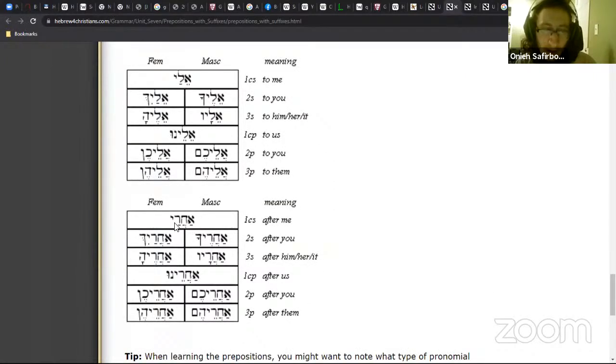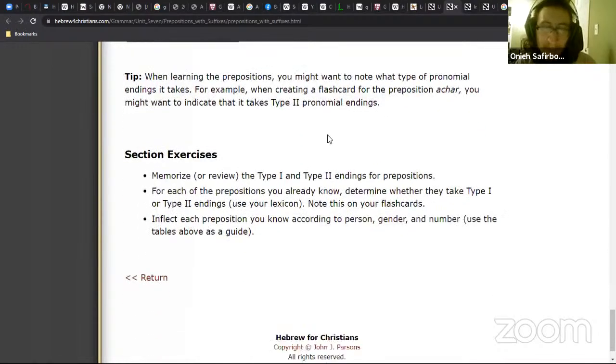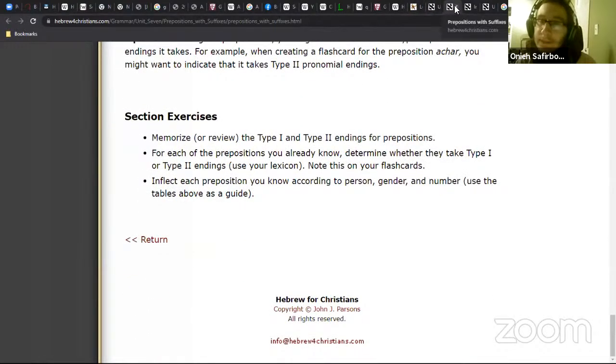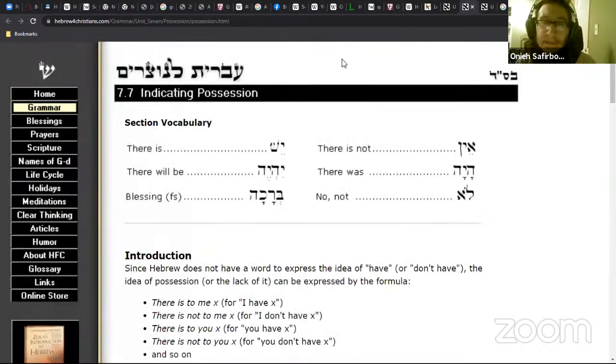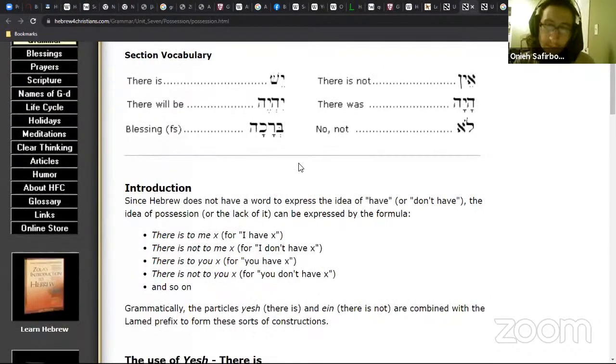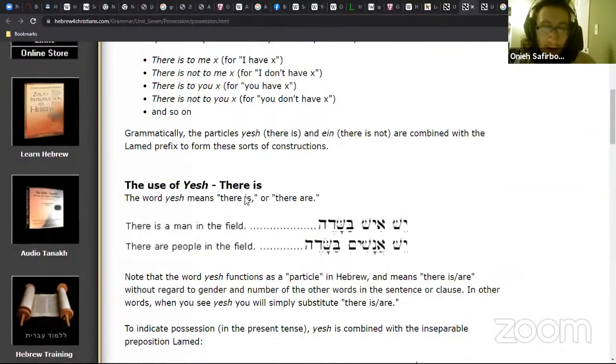And achar means after or behind. Yesh or ish means is or exists. Exists, man in field. Man exists in field. In the field, because the is dropped, remember.